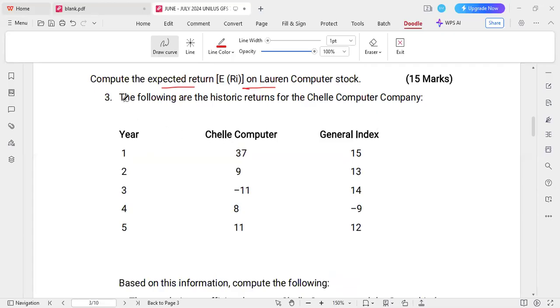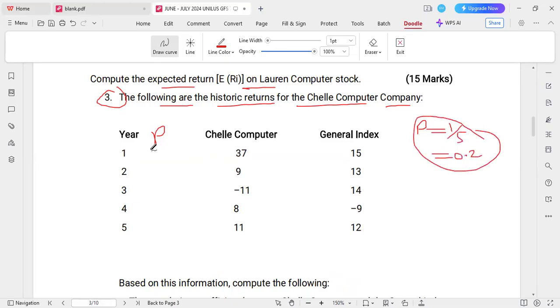So now we're getting down to question 3, where it says the following are the historical returns for the telecomputer, for year 1, 2, 3 up to 5. So if you want to find the probability, our probability is equal to 1 out of 5, which is 0.2. So the probability is 0.2 for each year. These are the probabilities that we are given here.